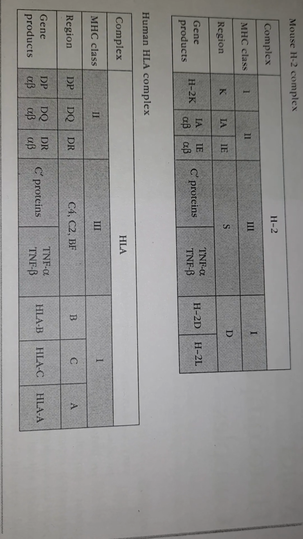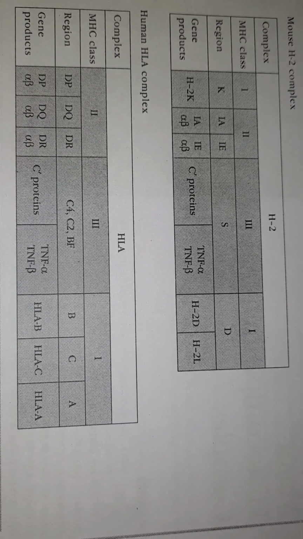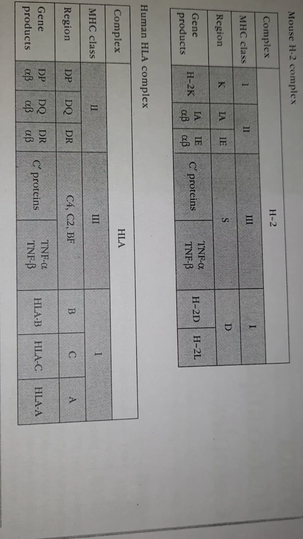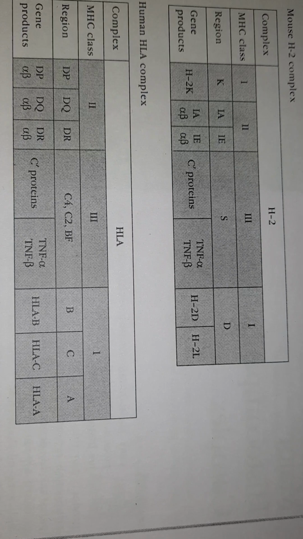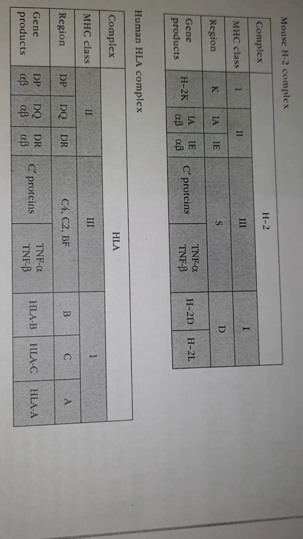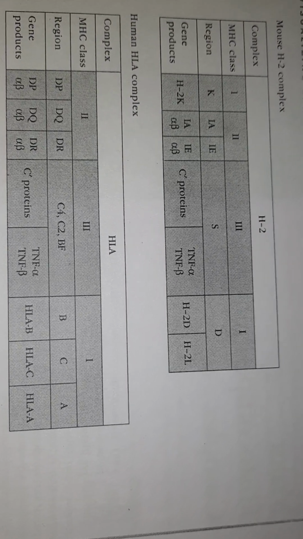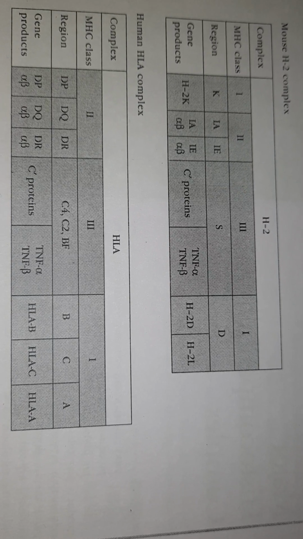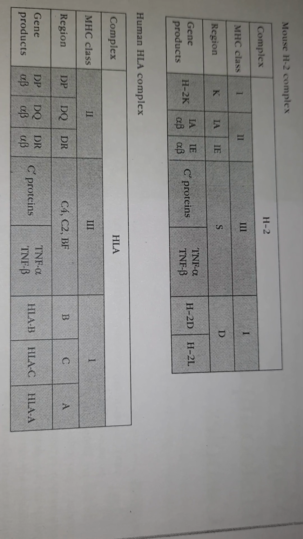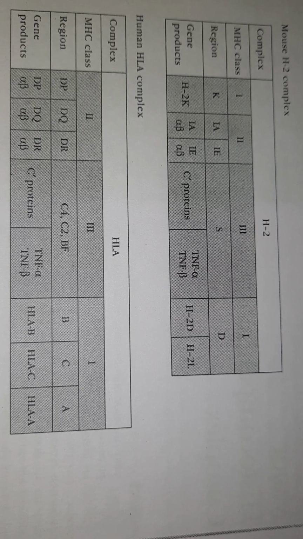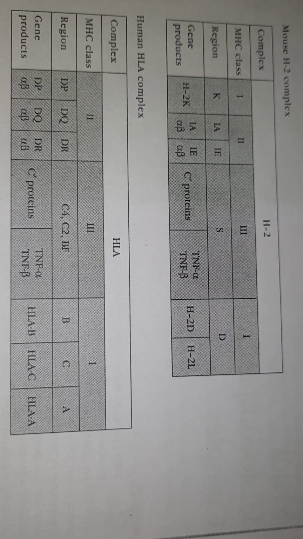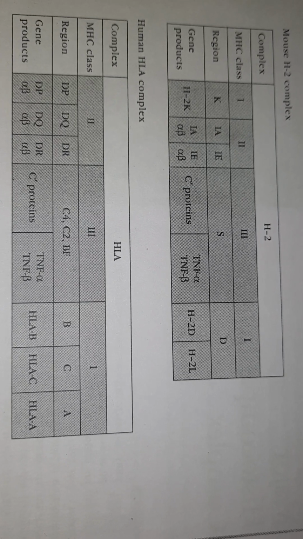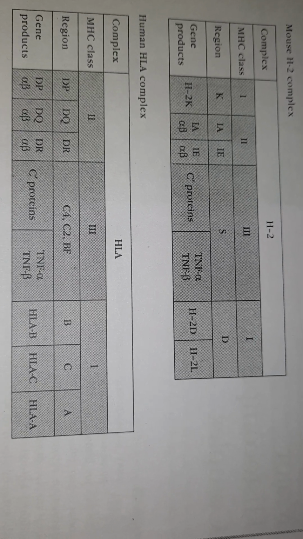The class 3 MHC genes encode various secreted proteins that have immune functions, including components of the complement system and molecules involved in inflammation. The class 3 products include the complement components C4, C2, BF and inflammatory cytokines including tumor necrosis factor TNF, and heat shock protein.